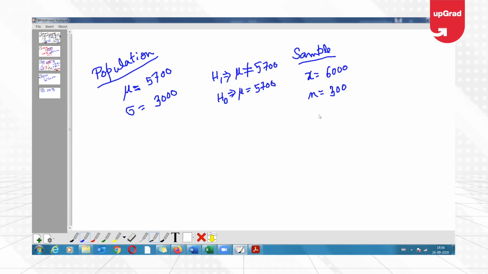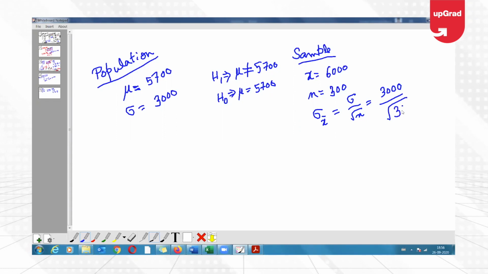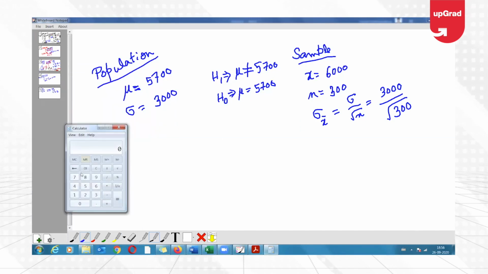Now let's calculate sigma x bar. Sigma x bar is sigma by square root of n, which is 3,000 by square root of 300. This is 17.32.